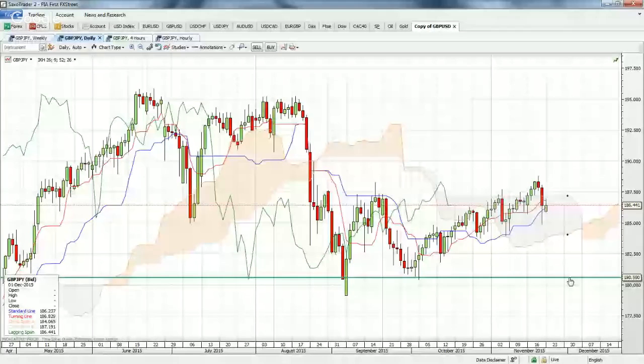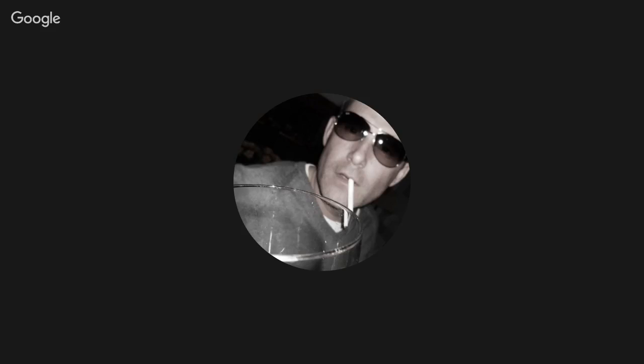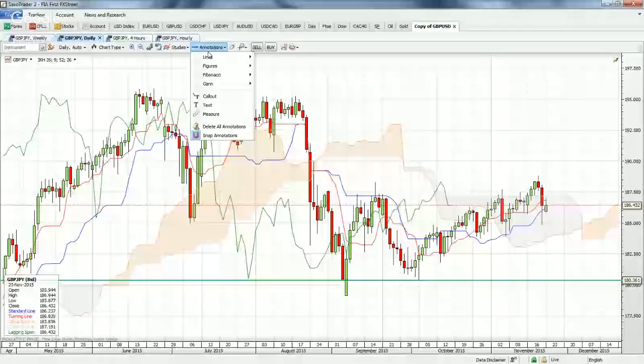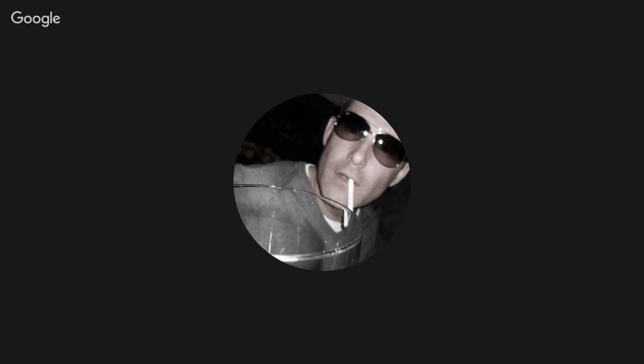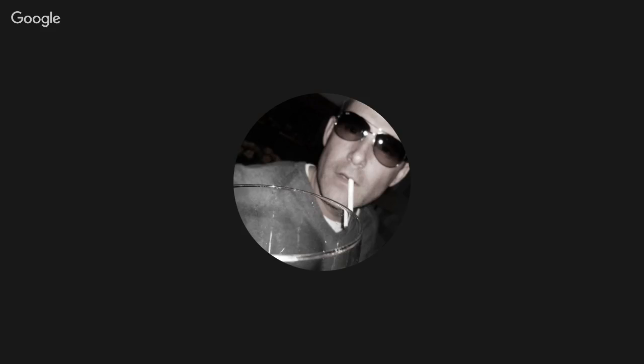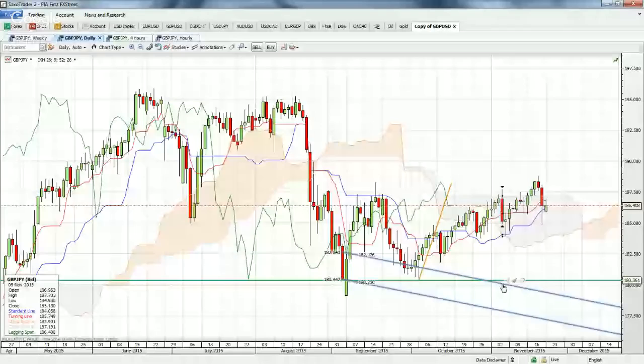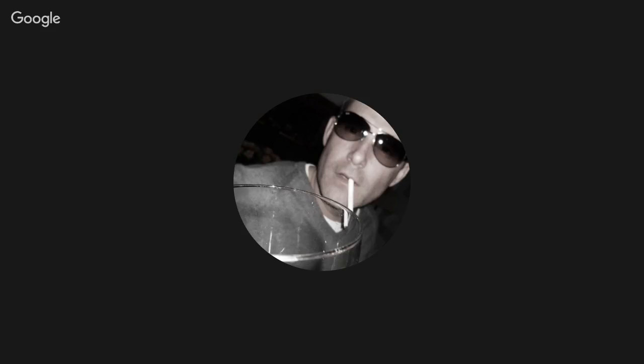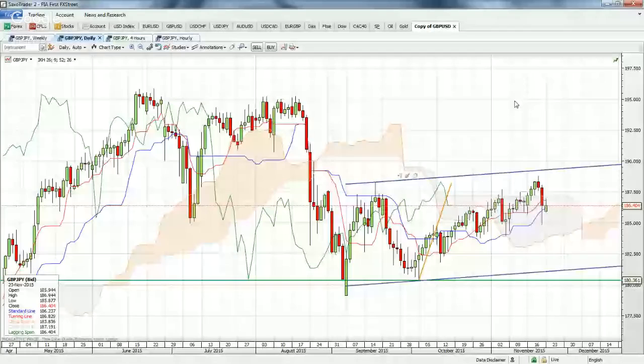So basically what we've looked at here, with this being the low, just in case you wondered what I was doing, is the completion of an ABCD formation or a channel. We're basically looking for this corrective channel to now have completed.